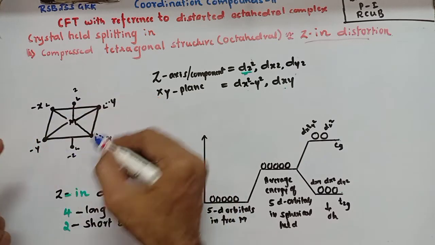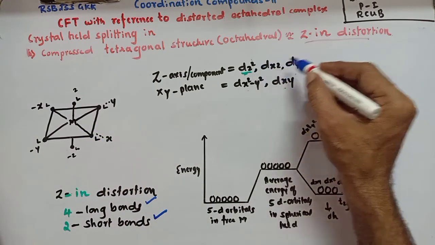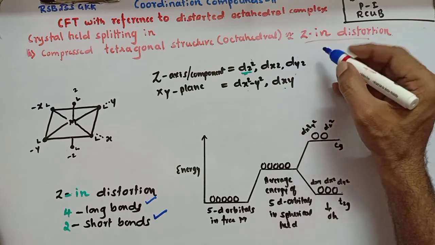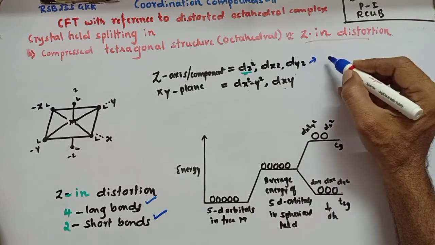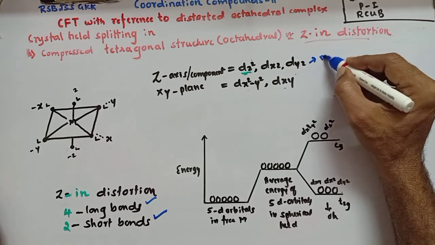So as a result, the dz square, dxz and dyz orbitals will experience more repulsion. Hence, if more repulsion is there, then more energy.